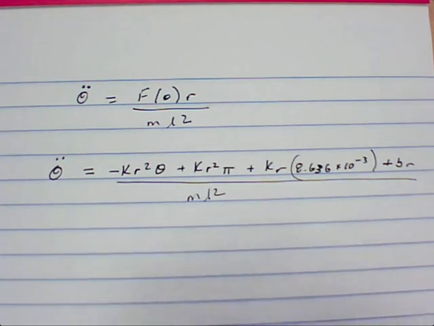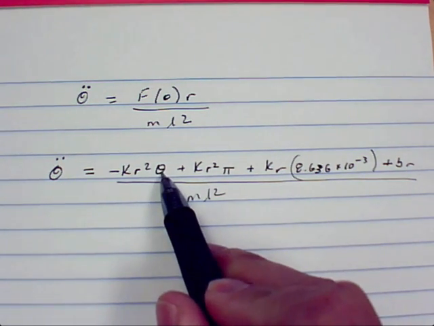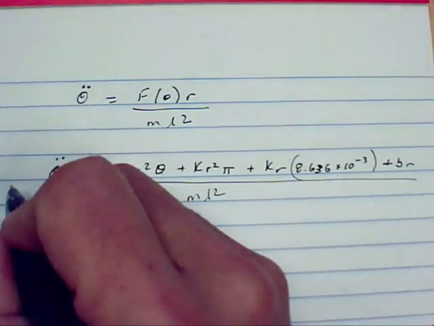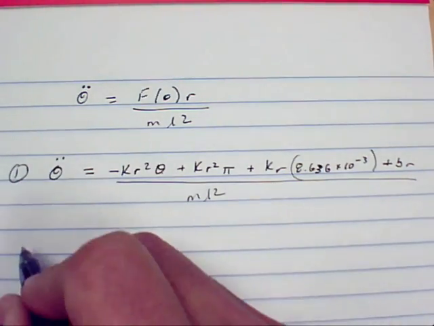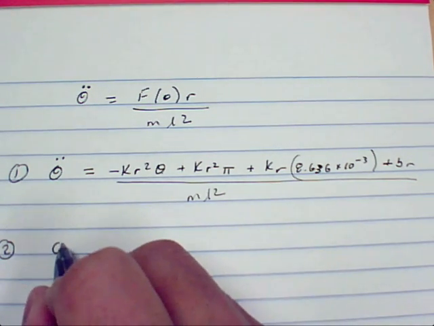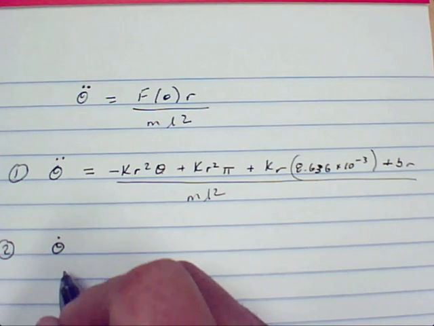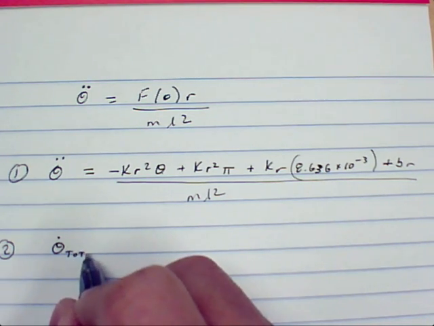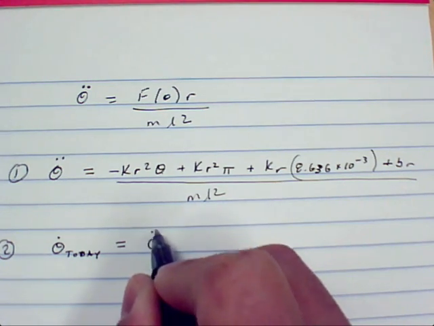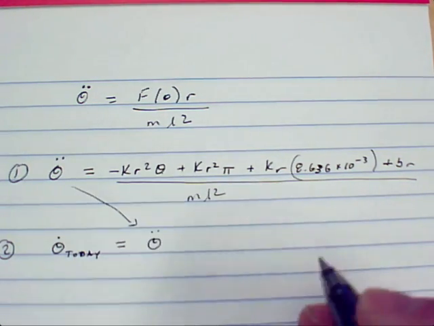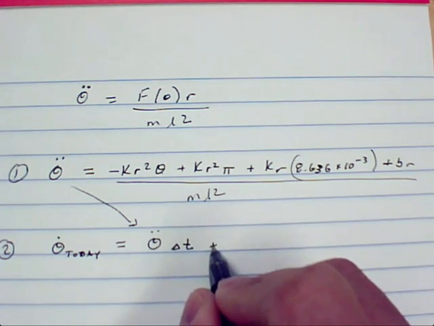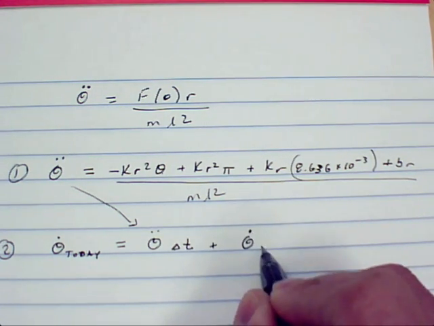Then we have to keep repeating this. Again, if we know the position, we calculate a theta double dot. So that's going to be an equation. Then the next equation says, what is velocity? So my velocity today equals the theta double dot that I just calculated in step 1 times a delta t plus theta dot of yesterday.